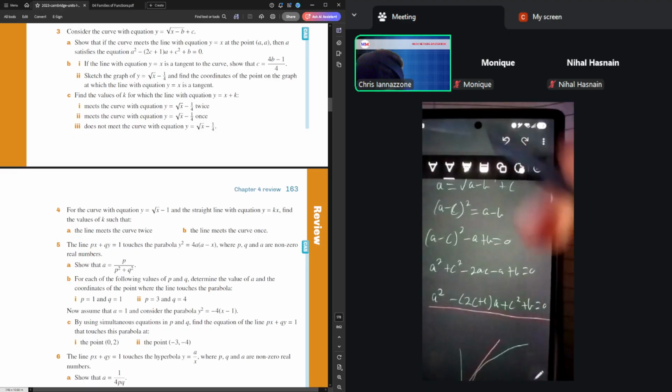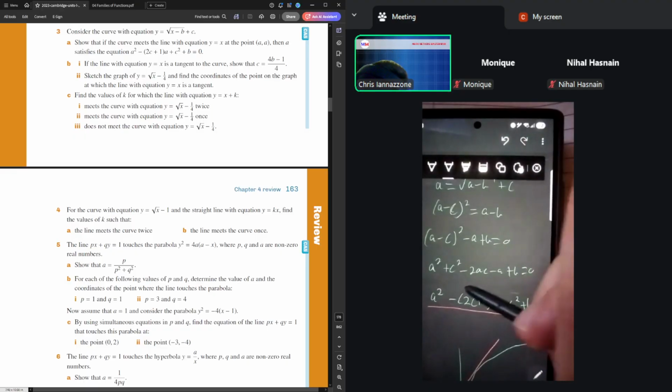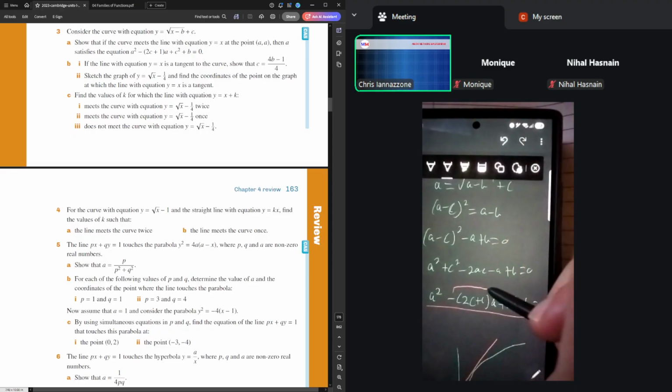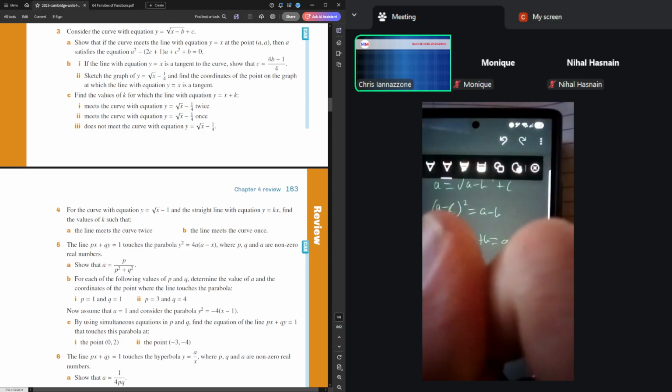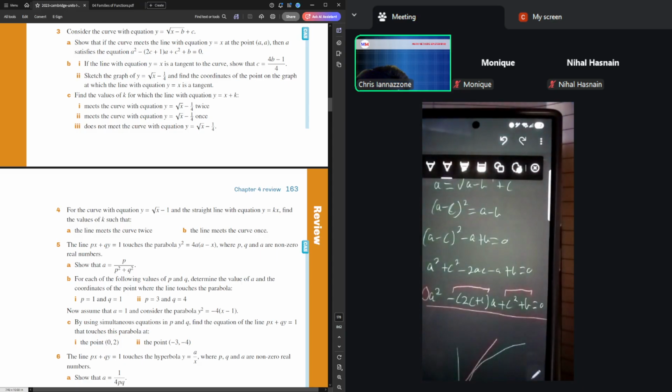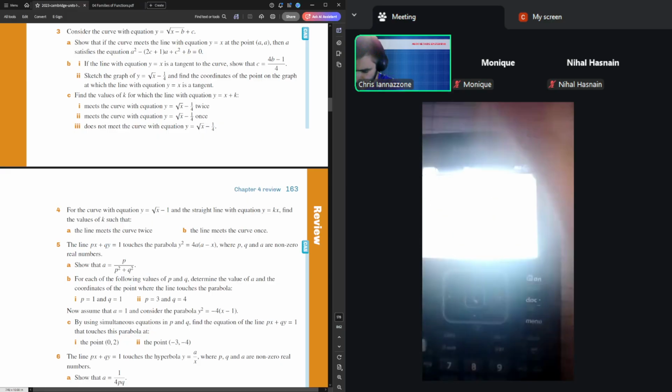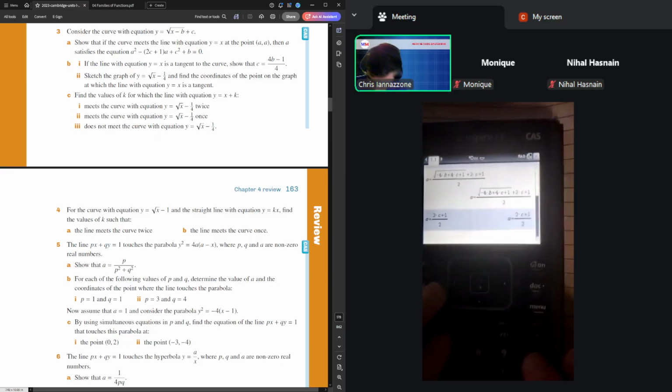So, for discriminant, you need b squared minus 4ac. This is your b term, this is your c term, and this out here is your a term. So let's try that.